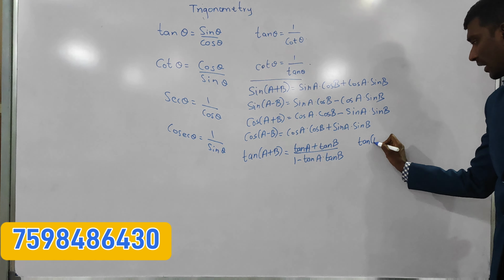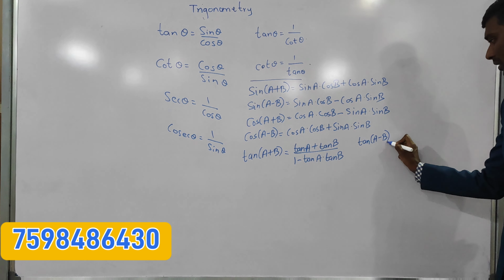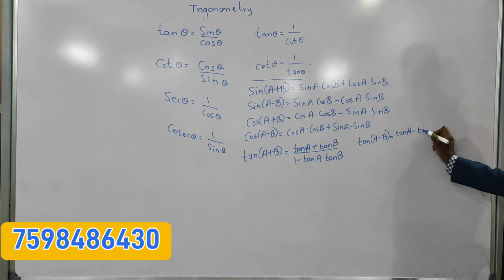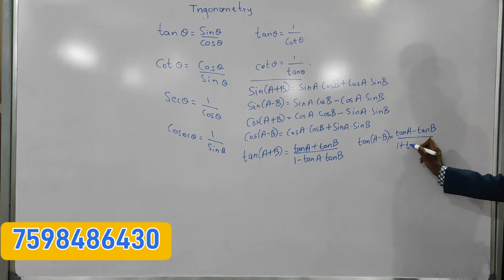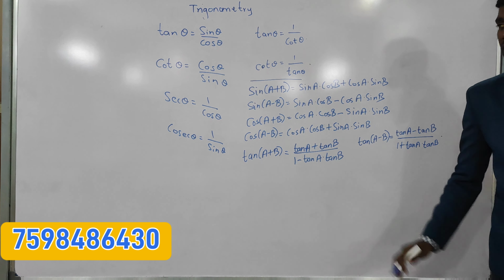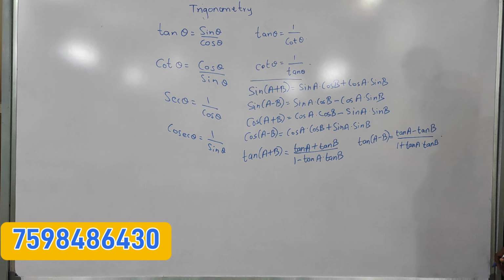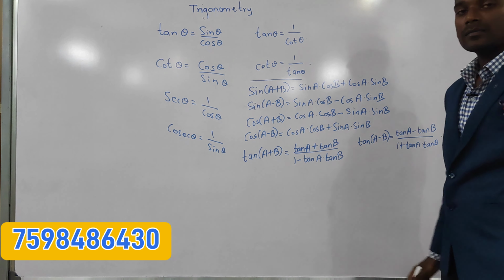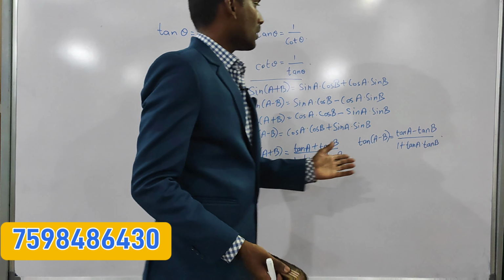This is tan of A minus B is equal to tan of A minus tan of B whole divided by 1 plus tan A into tan B. So these are the basic formulas. You can say in section 1, part 1 of your trigonometry, which will be very, very useful.